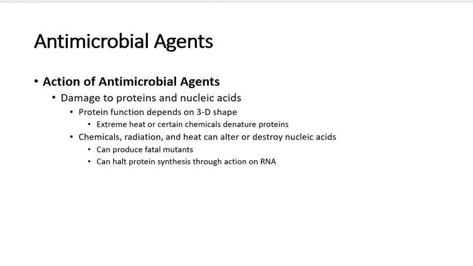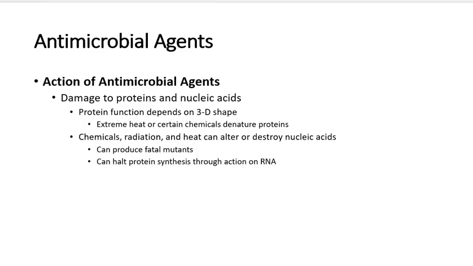The other thing is, if we can't damage the cell wall, if we can't damage the outside of this organism, maybe we can damage something inside the organism. So we can do damage to the proteins and the nucleic acids so it can't reproduce.